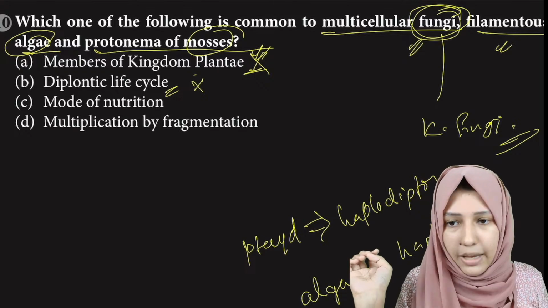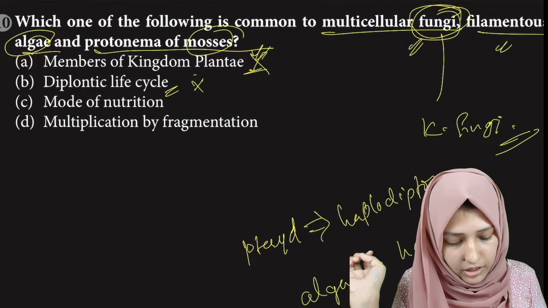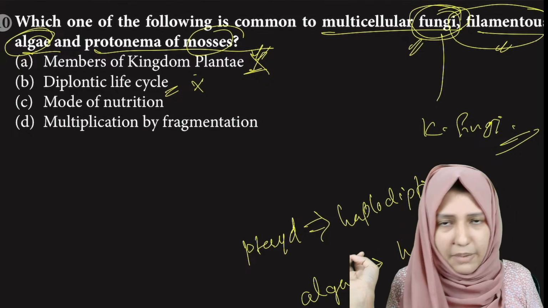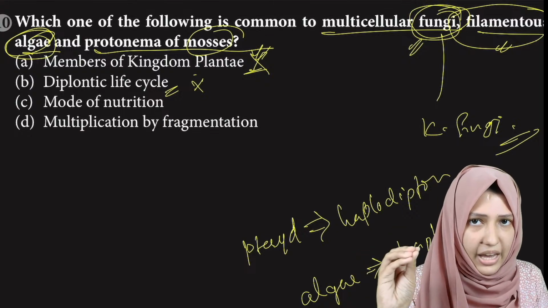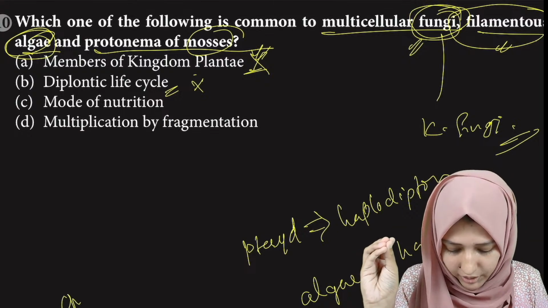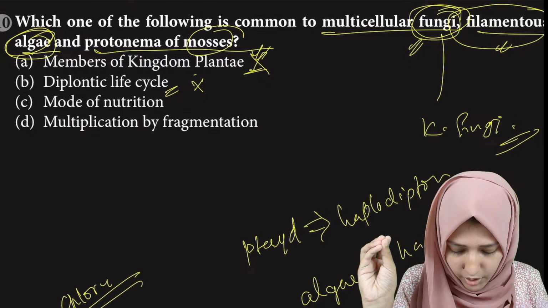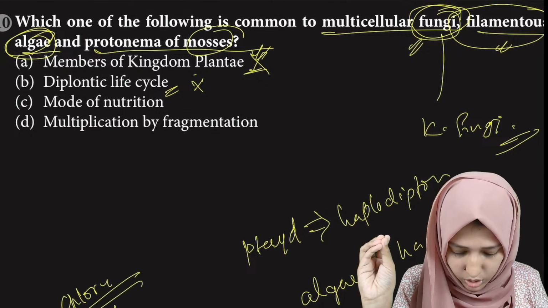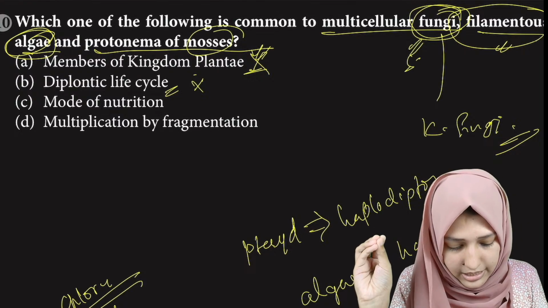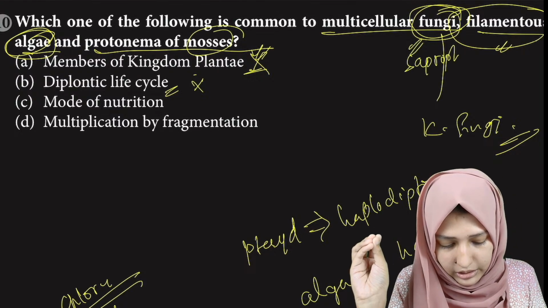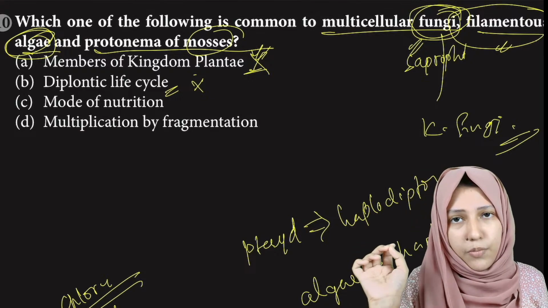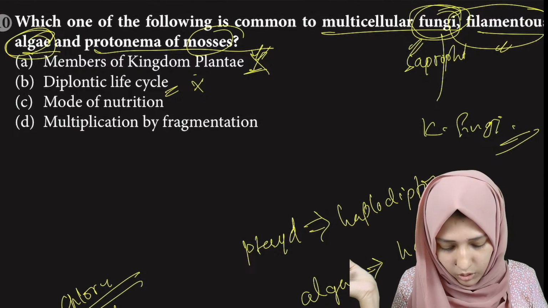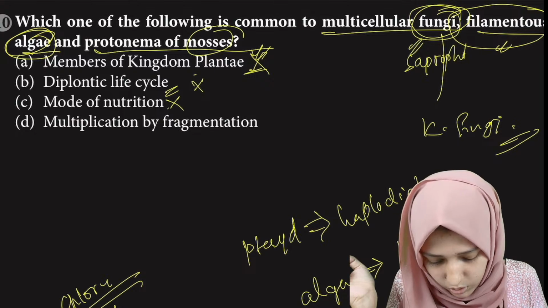Fungi is saprophytic. Filamentous algae is not saprophytic. They have chlorophylls and they undergo photosynthesis, which means they are autotrophic. Fungi is saprophytic. Okay. Then Protonema of mosses again a photosynthetic or autotroph. So this one is also wrong.